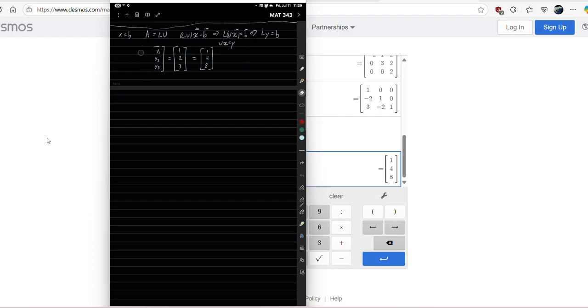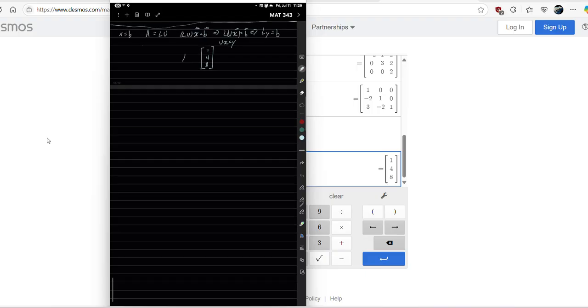So that's why you almost want to, you don't have to erase everything. But Ly equals 1, 2, 3, right? And then we threw L inverse at both sides of the equals. That's the notation that I like to say.